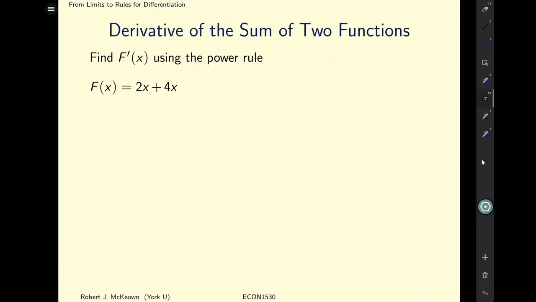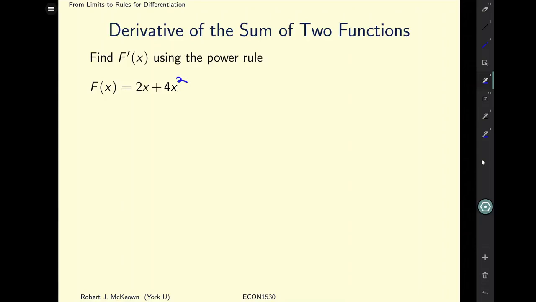Okay, what do we do if we have a function that looks like this? We've got f of x is equal to 2x plus 4x. I guess that's a little bit boring. Let's do something like this. Let's add a square. So we've got 2x plus 4x squared. Make it a little more interesting and make it so we can't just add the like terms together. Now, how are we going to go about taking the derivative of this thing using a simple rule?